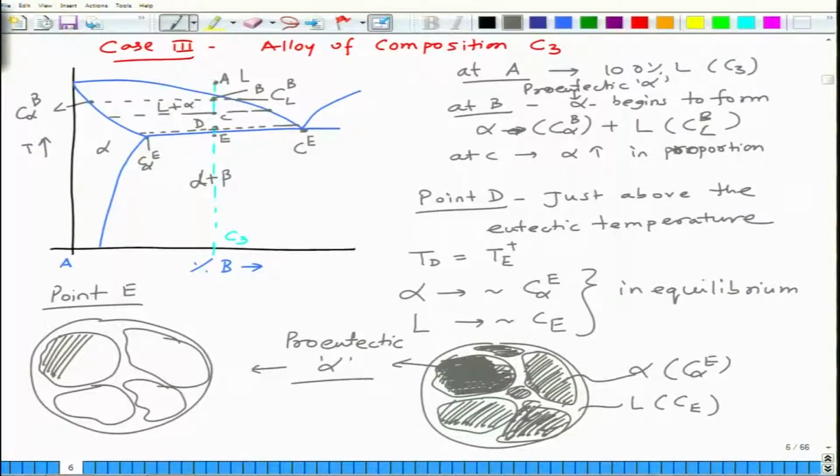So these are alpha grains, which are absolutely dark, gray phase. I am making it absolutely gray because the eutectic feature is slightly different and it looks like this. So this is alpha.